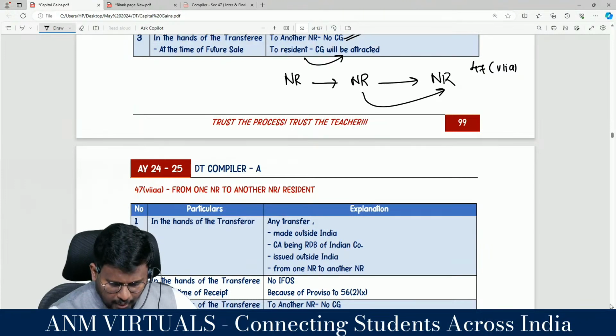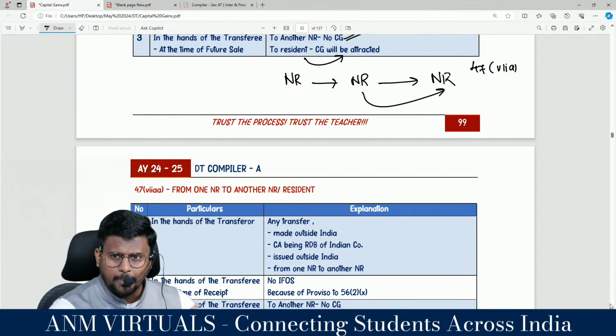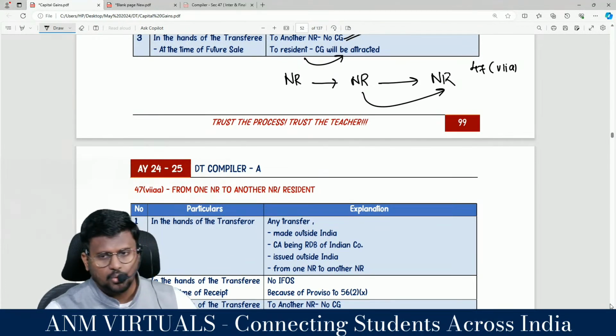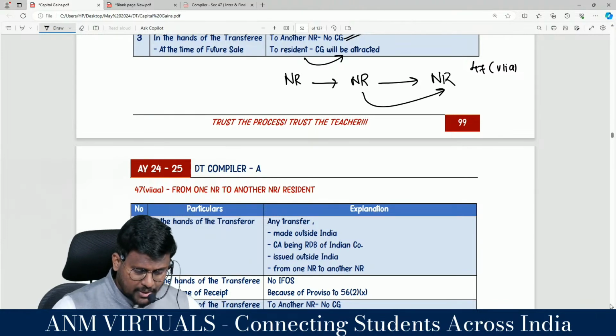So what is being transferred? Bonds or GDR, by whom? One non-resident outside India to another non-resident situated outside India will not be regarded as transfer in the hands of the transferor non-resident.